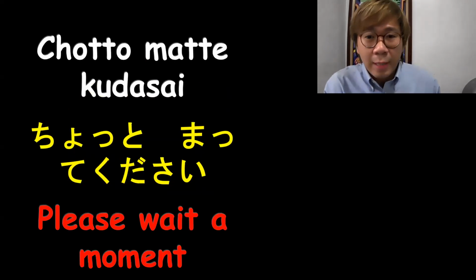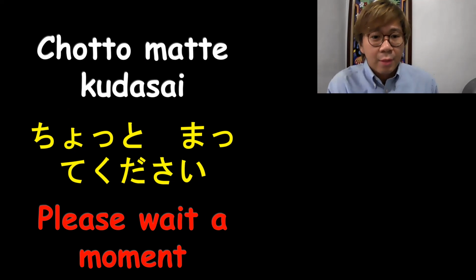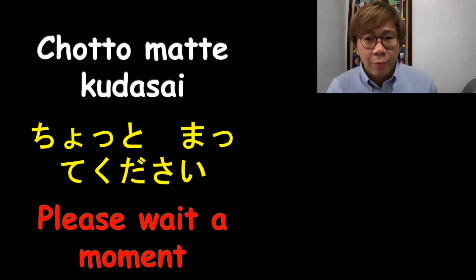This one is chotto matte kudasai. Chotto is little, matte, wait, kudasai, please. Okay. So when you say chotto matte kudasai, please wait a moment. Yan. So may other variation din tayo. Chotto omachi kudasai. So that is another variation. So it's basically a degree of formality and of course the preference of the speaker.